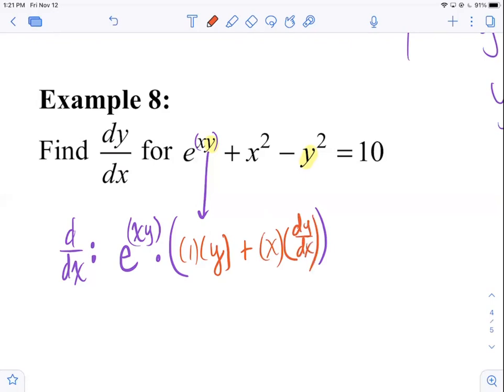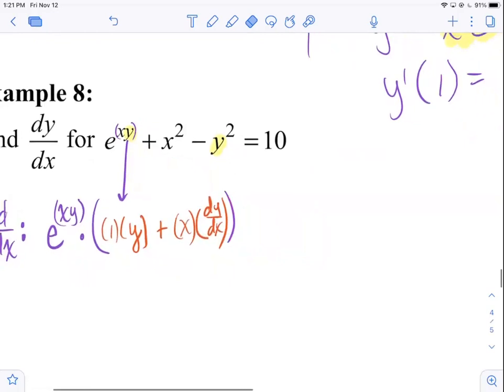See those extra sets of parentheses, the purple ones? It would be so unfortunate to know what you're doing but not have those purple parentheses there. And then that second orange term is not even involved with e to the xy anymore. So that just takes care of that.